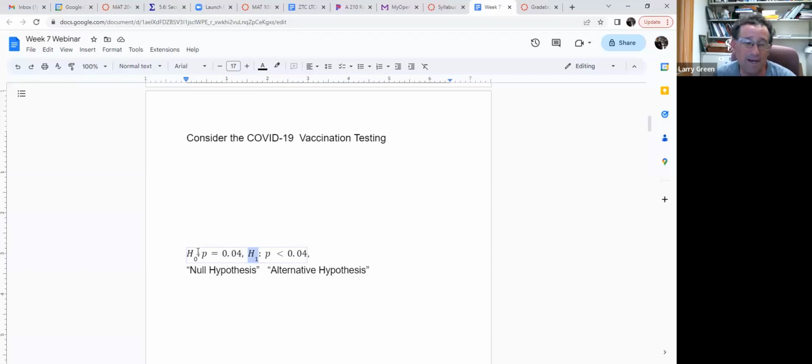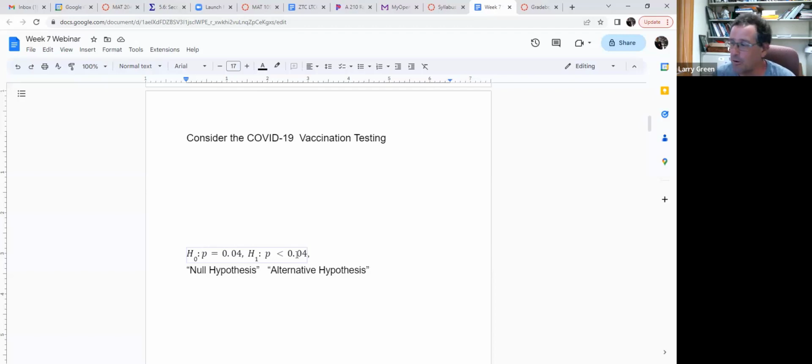So the null hypothesis is kind of, if your idea wasn't right, the vaccine didn't work, it's still 4% chance of getting it. The alternative hypothesis, what you're trying to show, is that the vaccination is working. And if the vaccination is working, then fewer than 4% of the people who are vaccinated are going to get COVID. Any questions on that?